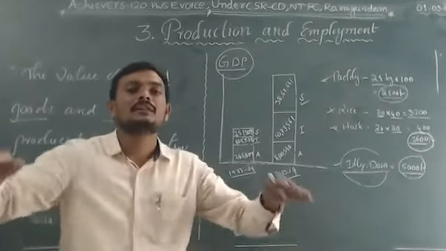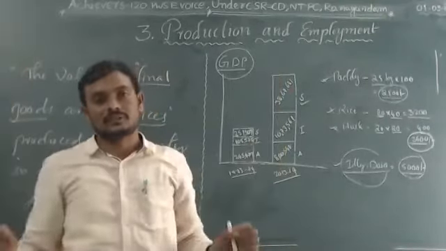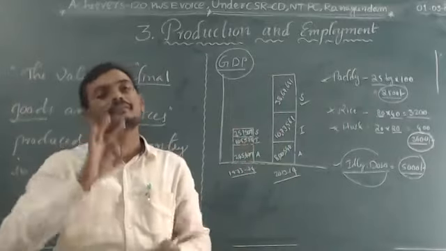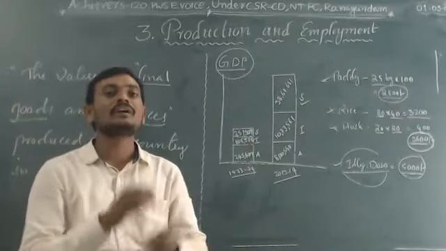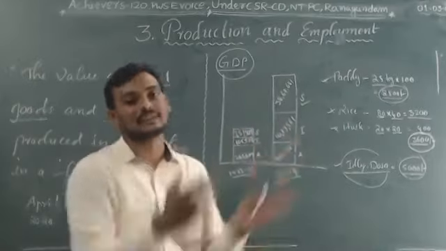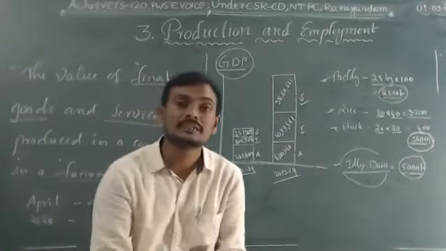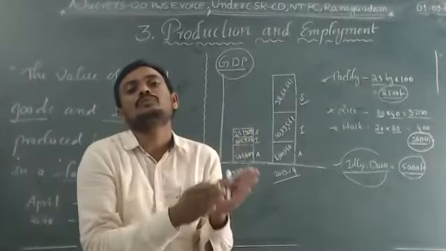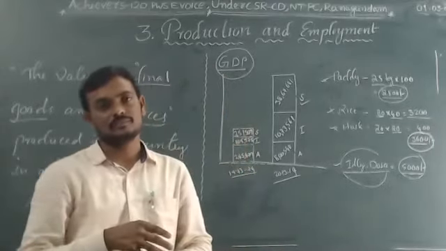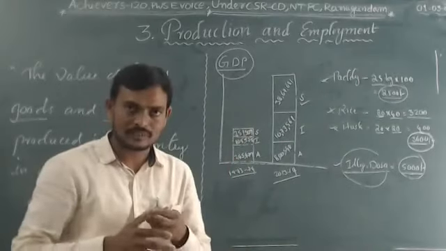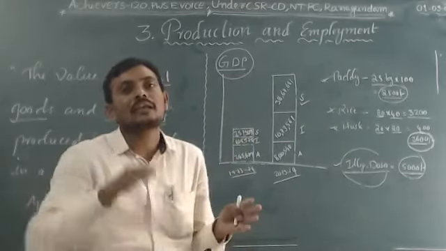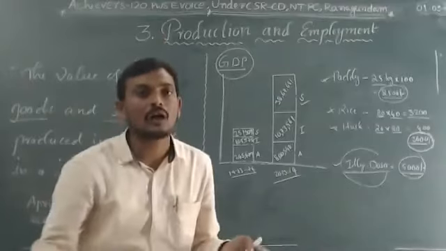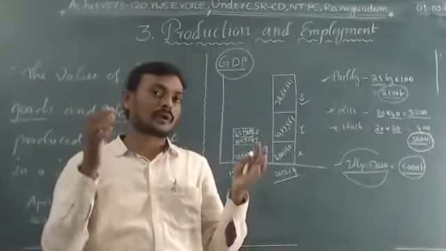We have seen the percentage of employees in the three kinds of sectors. But when we come to GDP of the three sectors, GDP means income. Each and every sector has been generating income or revenue. That revenue is called the income of the entire nation, or gross domestic product.